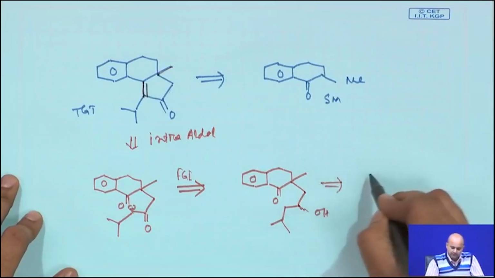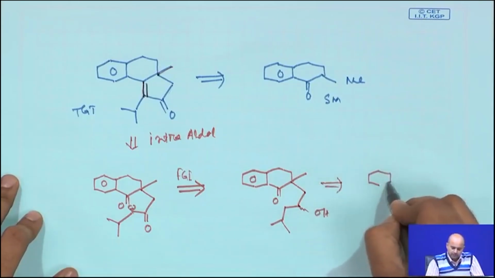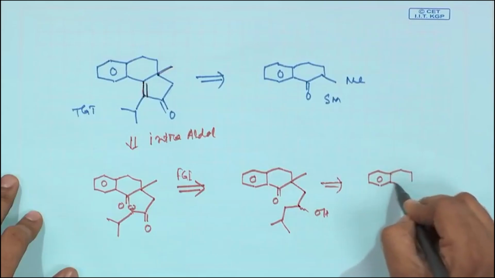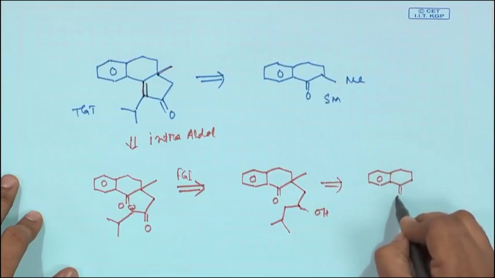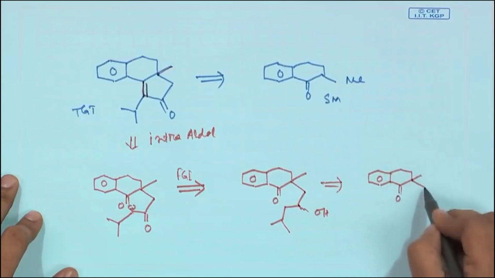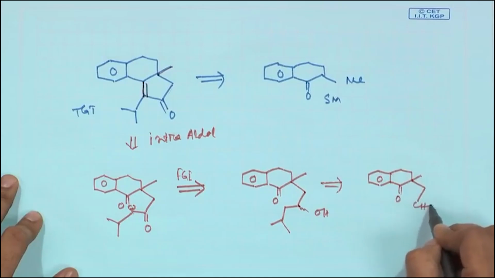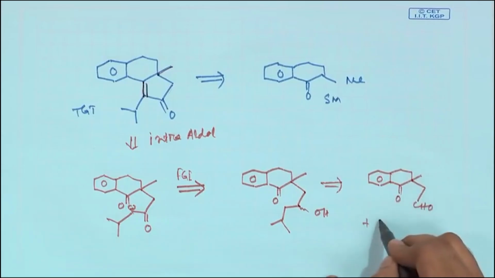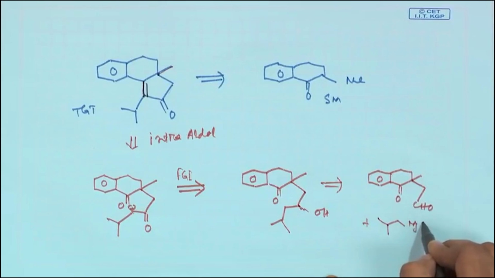Then I said this also can be easily prepared if you have this corresponding aldehyde and you use a Grignard, MgCl.